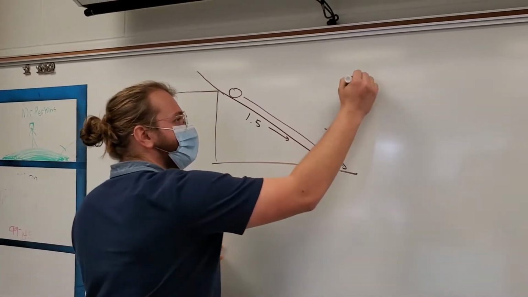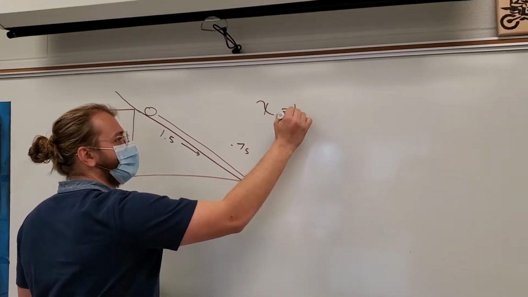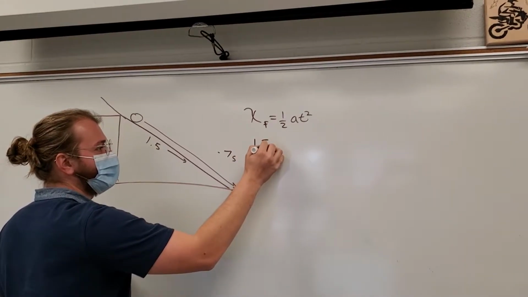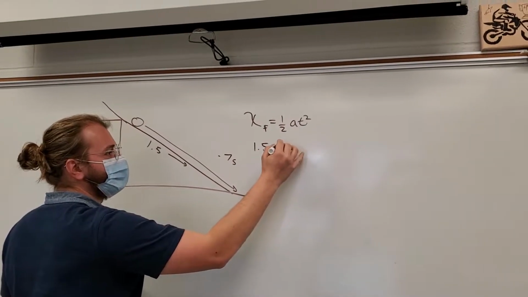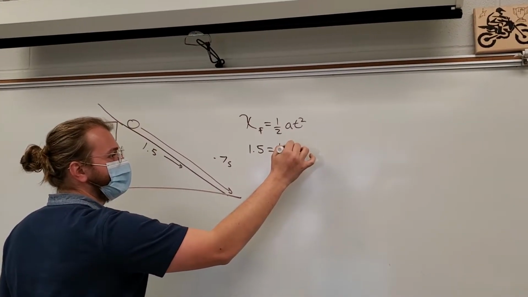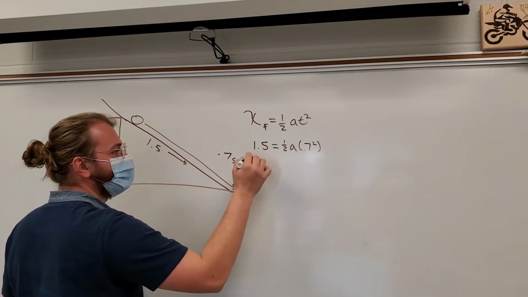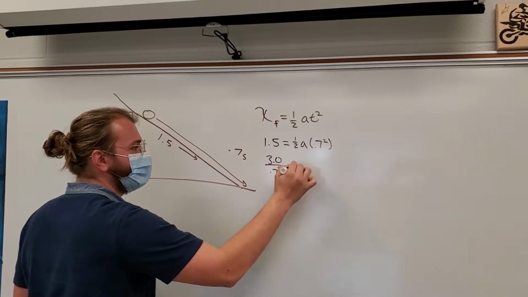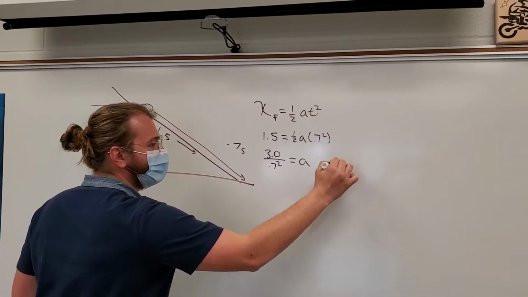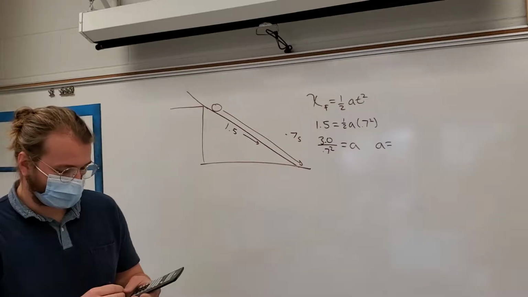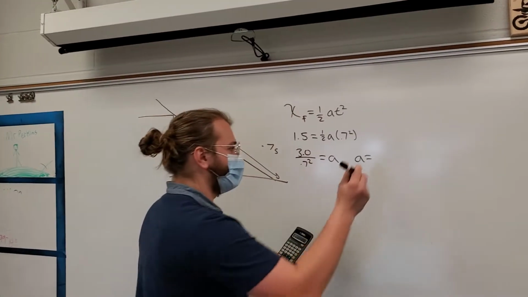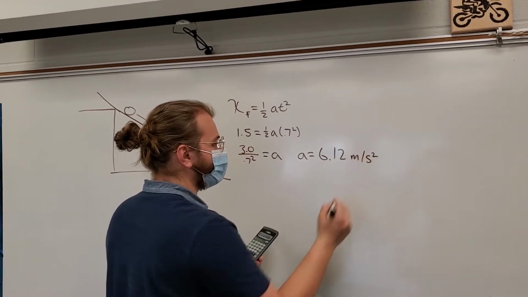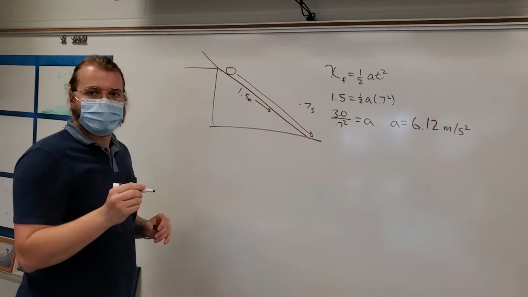Now, we said that xf equals 1/2 at squared, so our 1.5 is equal to 1/2 a times 0.7 squared. So this turns into 3 over 0.7 squared equals our a. And so calculating it out, we get a is equal to 6.12 meters per second squared. Hopefully you got that.